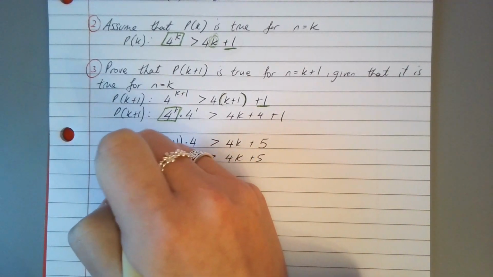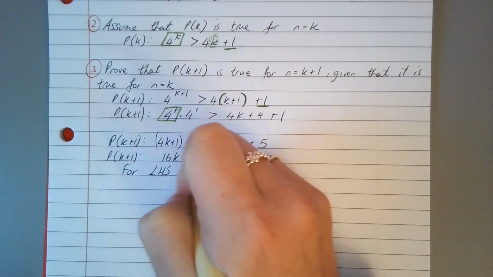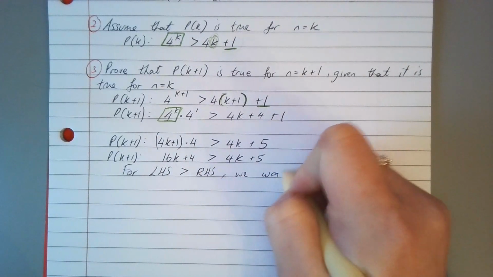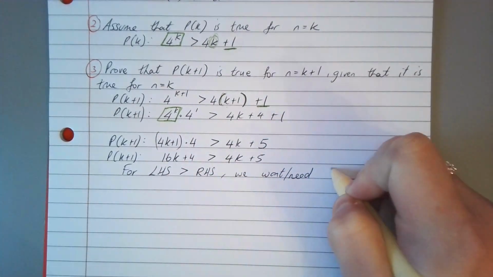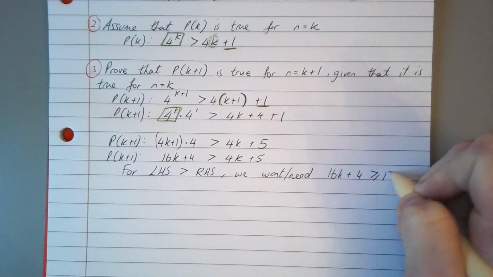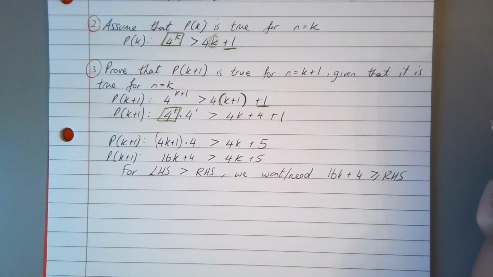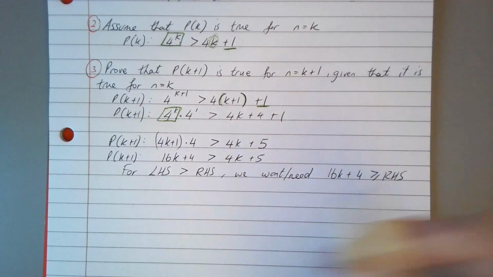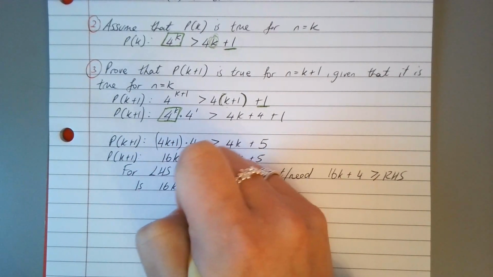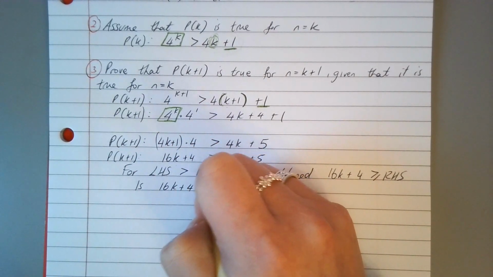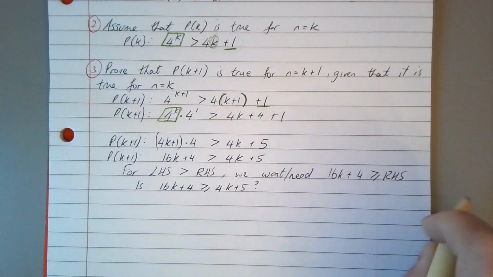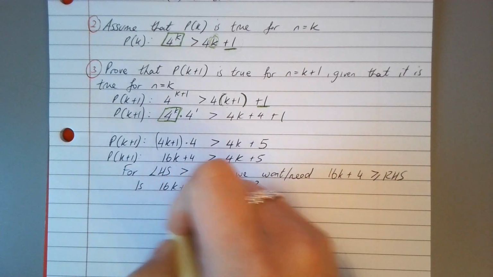Okay, so for the left hand side to be greater than the right hand side, we need 16k plus 4 to be bigger than or equal to the right hand side. Okay, and what we'll do is we need to check. So we're asking ourselves, is 16k plus 4 greater than or equal to 4k plus 5? So is that true? And we're going to solve for k and see if that's true.